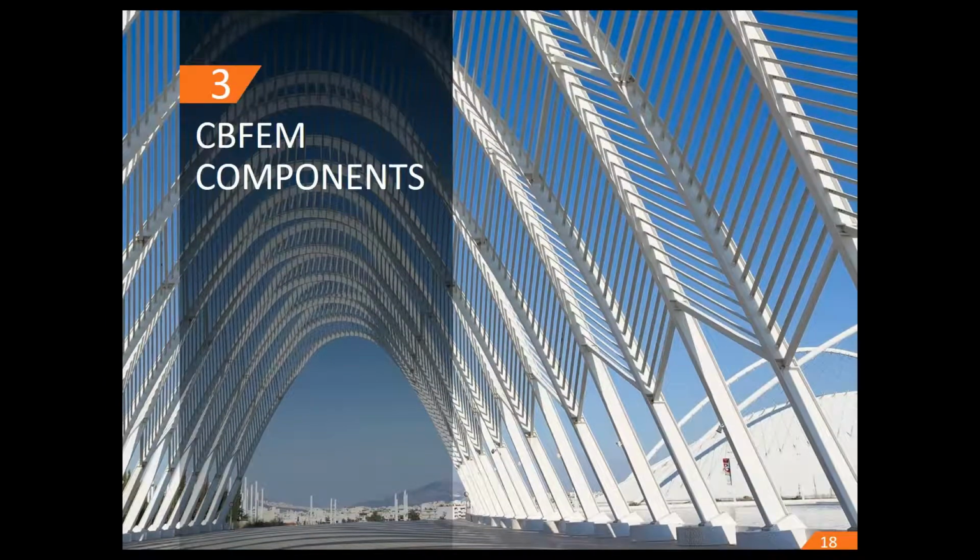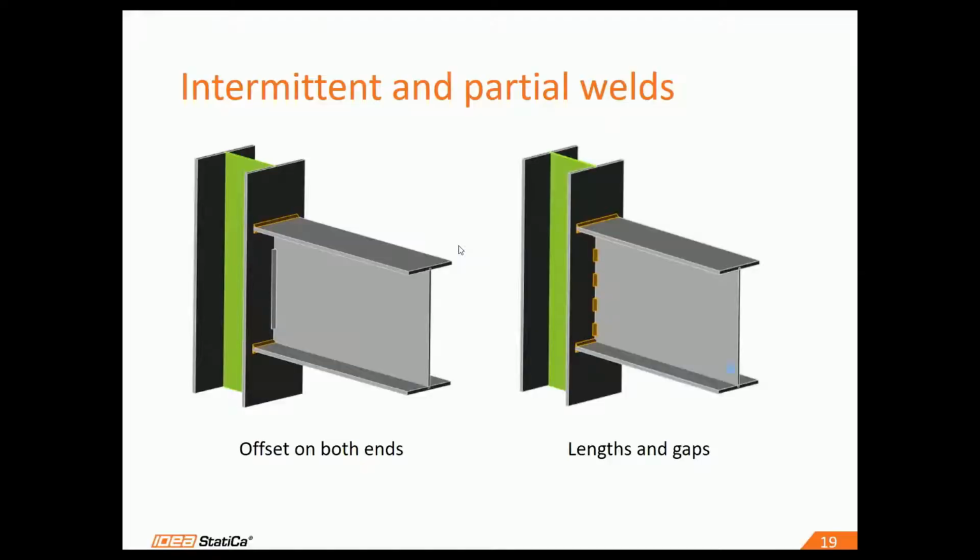In my part of this webinar, we will first have a look at some new features of the CBFEM components. According to many requests we have received from our users, we are still trying to improve the software and implement useful things that you can really use in your everyday practice.